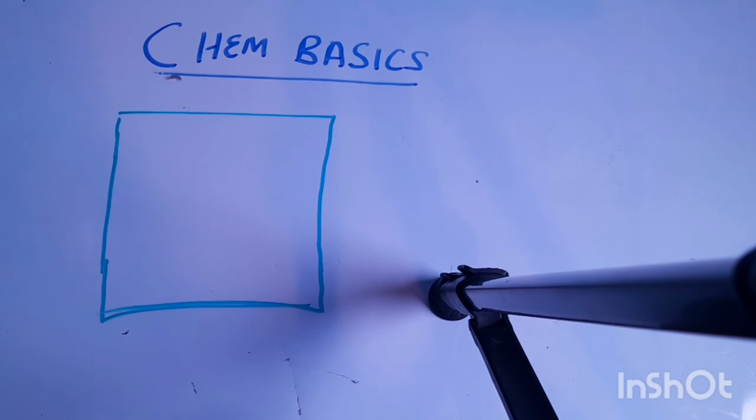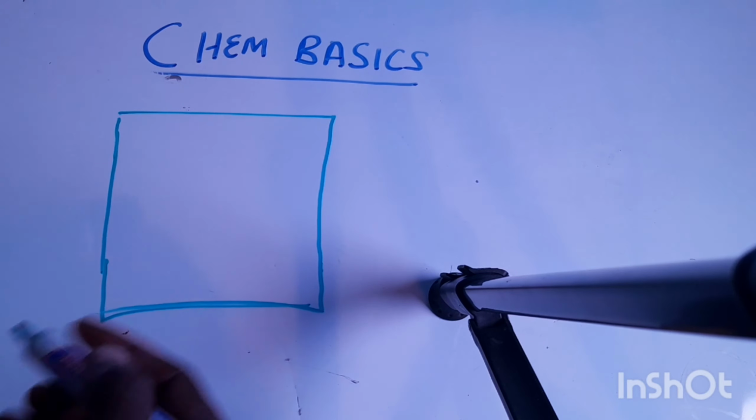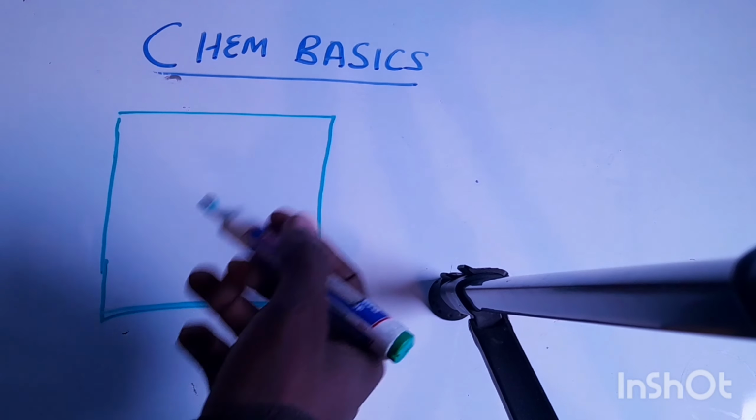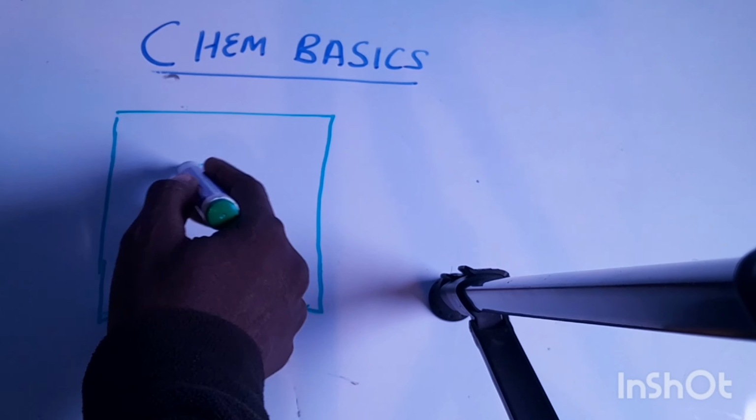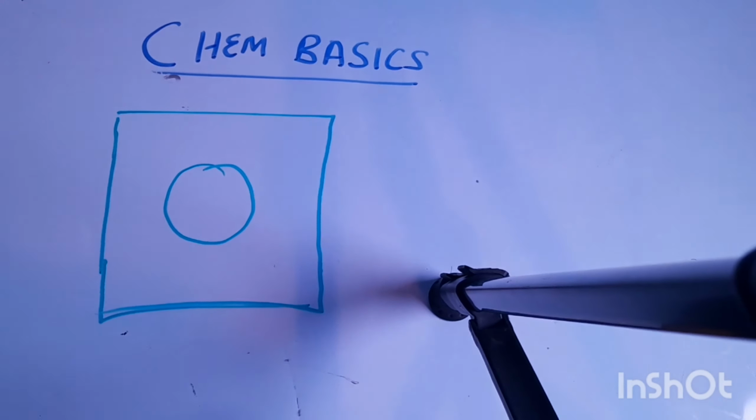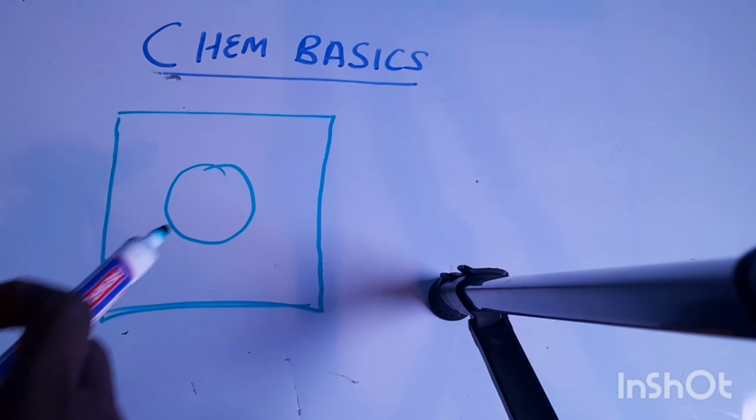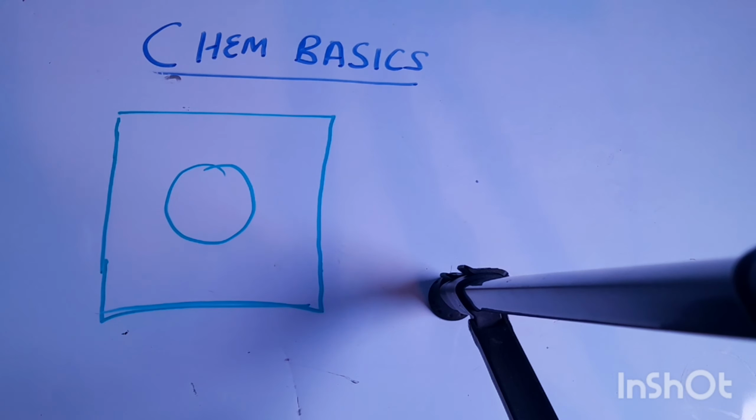Continuing with this, I'd like to show you how atoms or elements are shown on the periodic table, right? Let's just take oxygen, for example. Oxygen has the symbol capital O. Everywhere, we know that the element with O is oxygen, right?